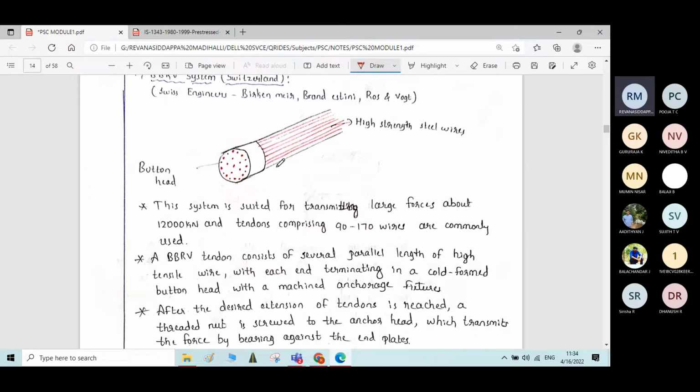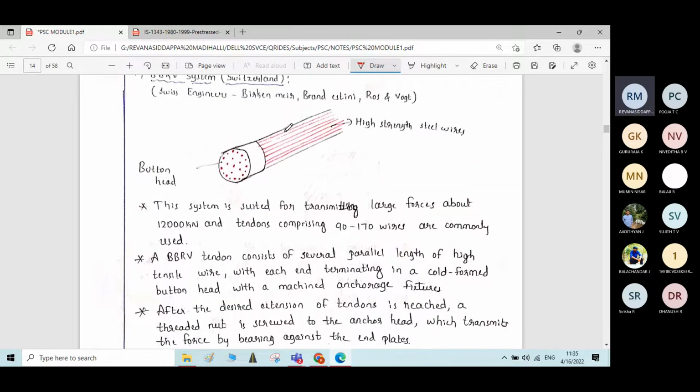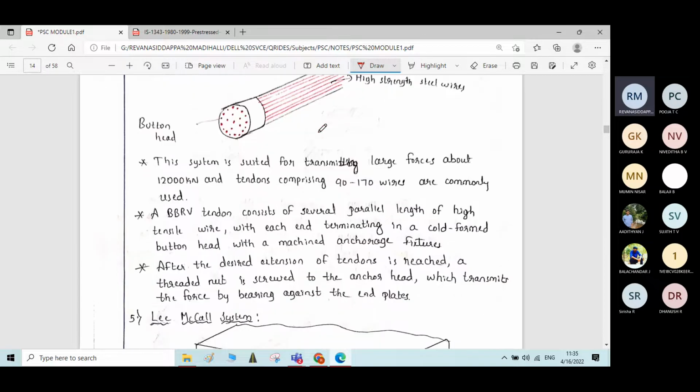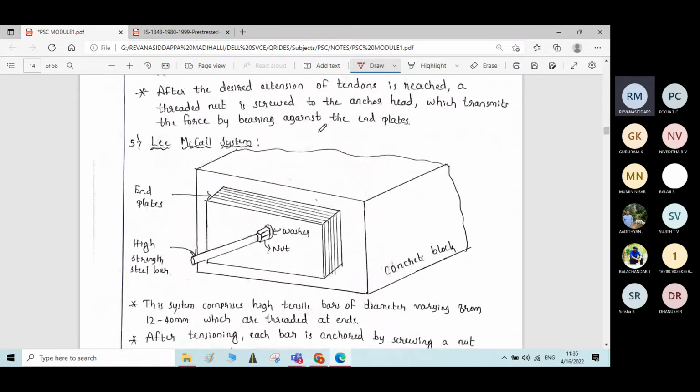When the desired stretching of the tendon is done, the tendons at the head will be screwed properly so that they are held in position, and proper pre-stressing is applied to the concrete. So this is the BBRV system.